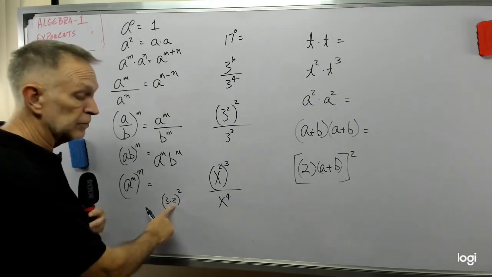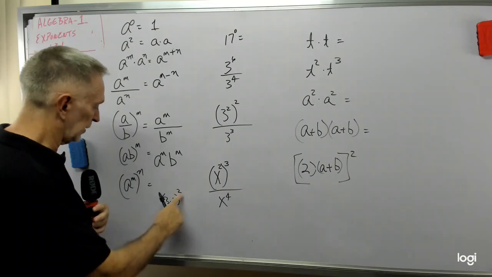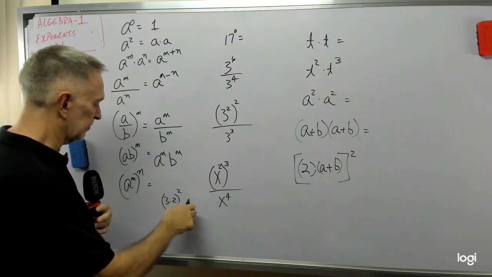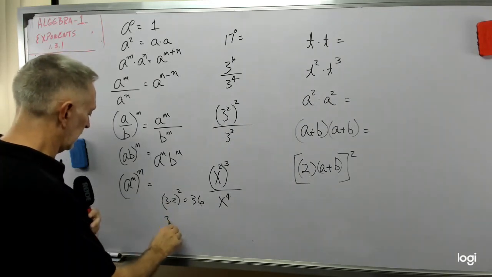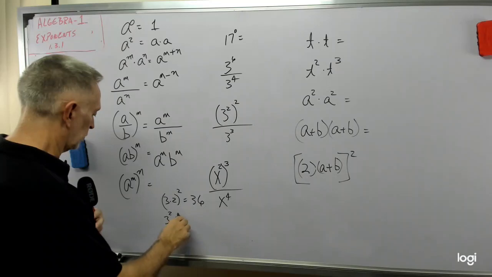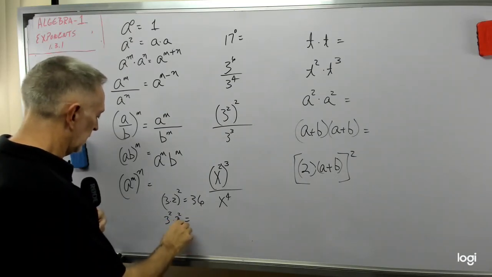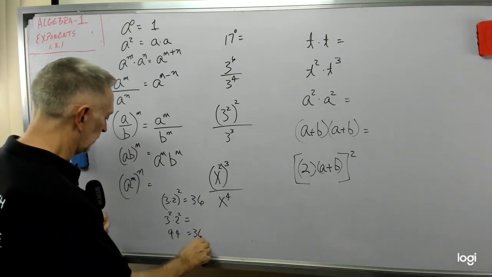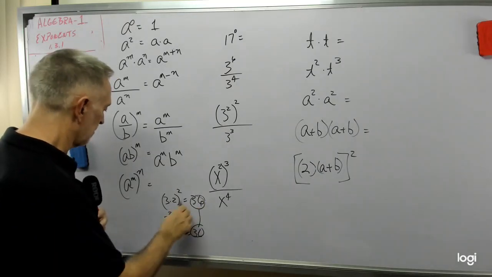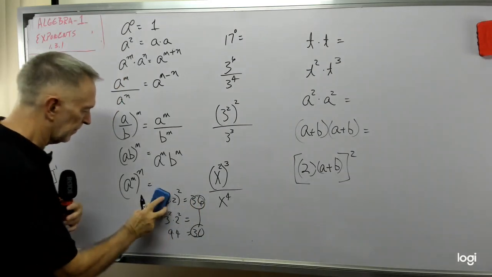Okay, 3 times 2 is 6. 6 to the second power is 6 times 6 is 36. So they're saying that's the same as 3 squared times 2 squared. So 3 times 3 is 9. 2 to the second power is 4. 9 times 4 is 36. So that worked out. Yay.